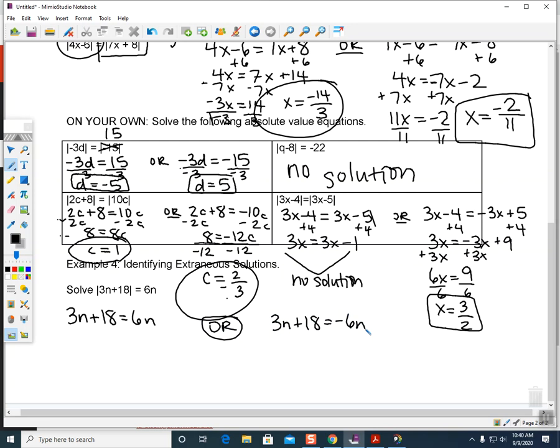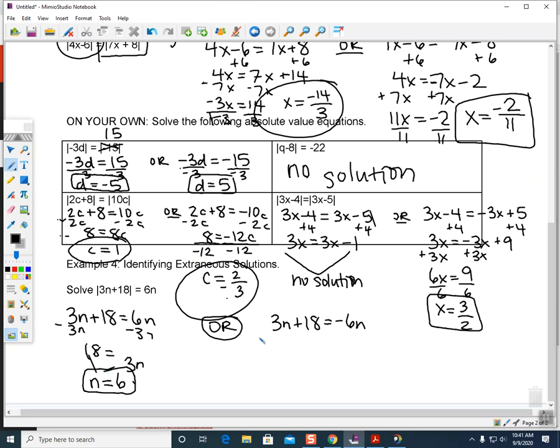I'm going to subtract 3n from both sides. I've got 18 equals 3n. And then I'm left with n equals 6. Okay. It's a little messy, but you get the idea.